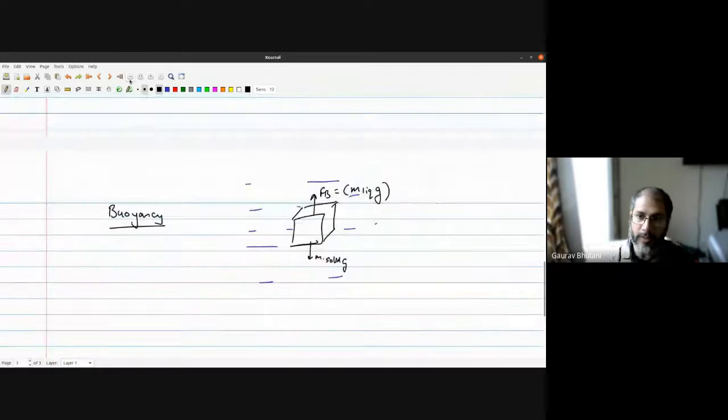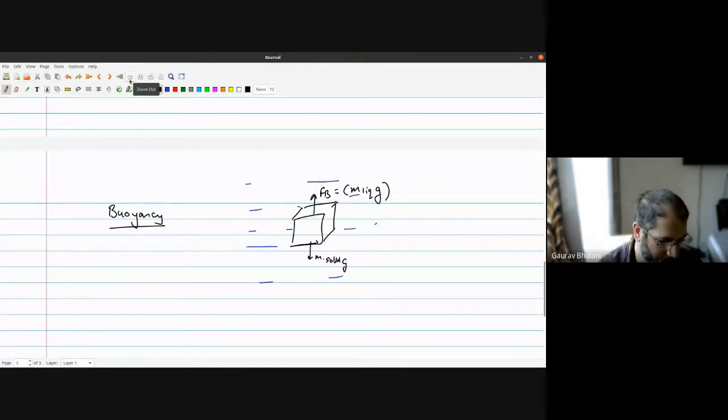Okay, so let's see how the force of buoyancy that we have learned about is exactly the same as the differential force on the body because of a pressure field distribution. So let me write: no new force.